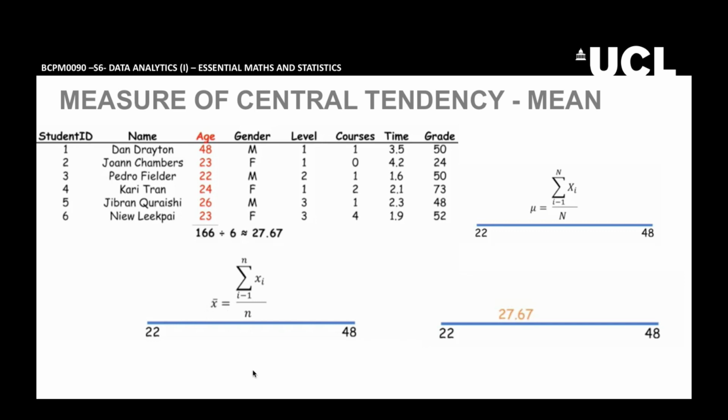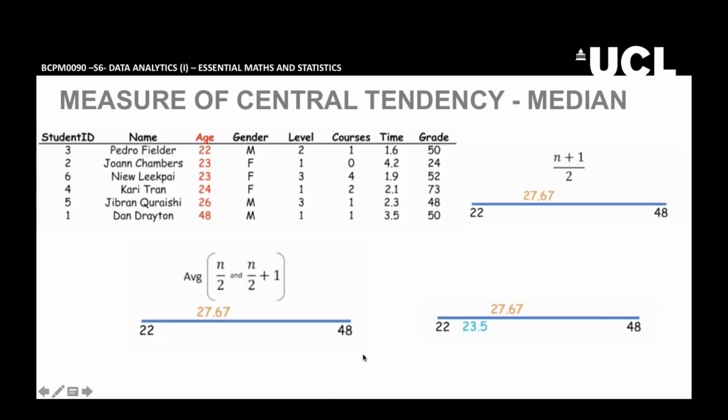Either way, what the formula is telling you to do is to add together all the individual data values and divide by the total number of data values that there are. So in that case, the ages total up to 166, and there are 6 ages in the sample, so we divide by 6 to get a mean age of around 27.67.